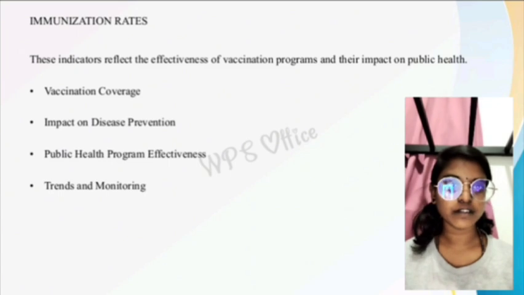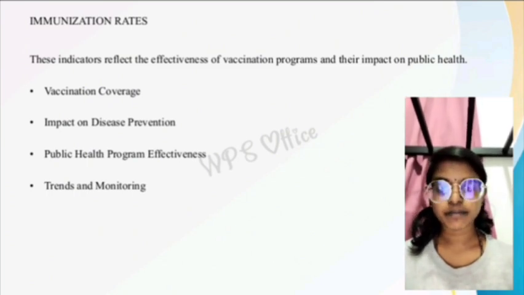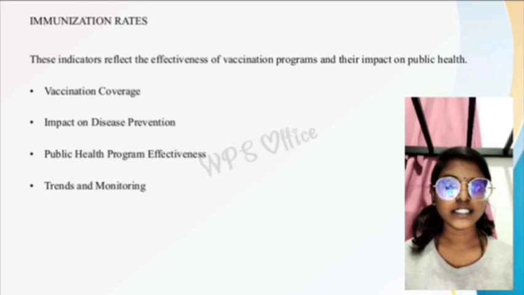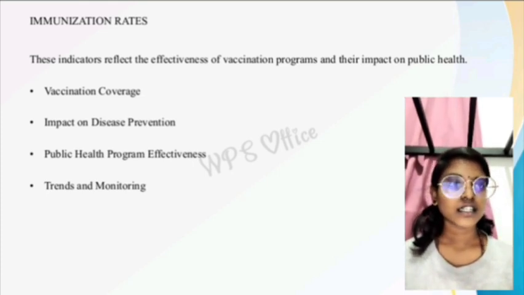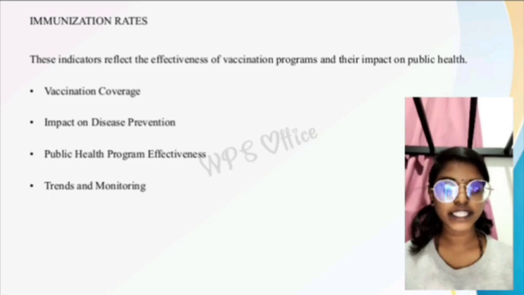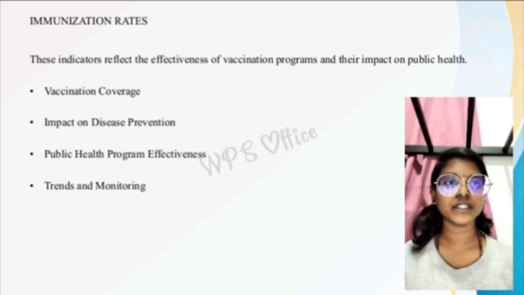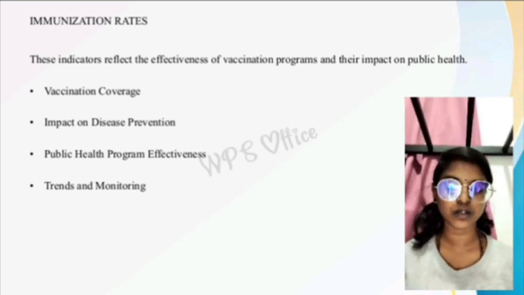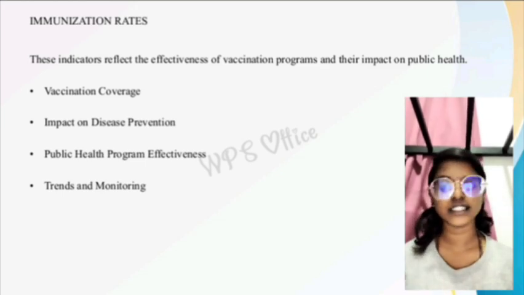Prevalence of obesity indicates the percentage of the population classified as obese based on BMI. It's a key risk factor for chronic diseases such as cardiovascular disease, diabetes, and certain cancers. Smoking rates measure the percentage of individuals who smoke tobacco, and are strongly linked to respiratory disease, heart disease, and cancer.